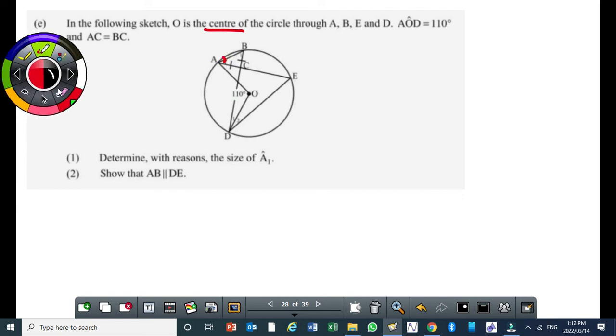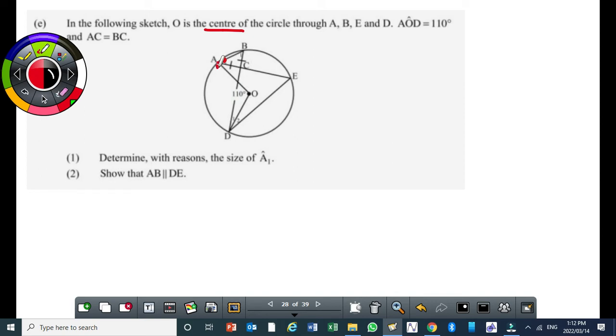Now to calculate A1, based on this diagram here, it will be better for you to calculate B1 first. If you were paying attention last week, I did different types of questions on Theorem 2. So we have an angle at the center, which is subtended by chord AD. The chord is not drawn, but it does exist, because point D and point A are at the circumference.